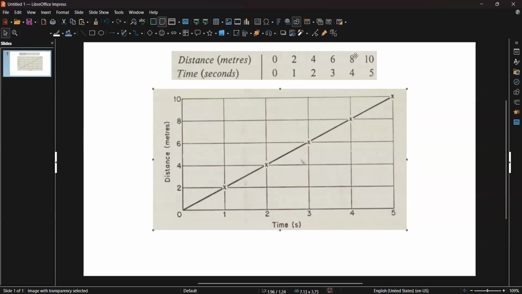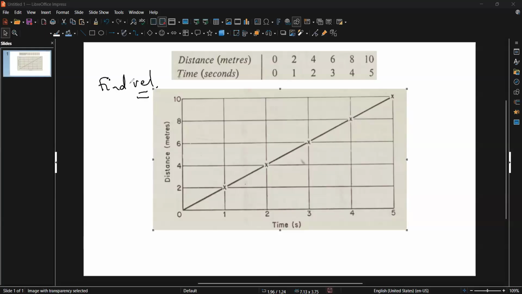So from this graph here, if you're required to find the velocity, what did we say is the velocity, or how you can get the velocity when you have a displacement time graph or a distance time graph, because we're moving in one direction?